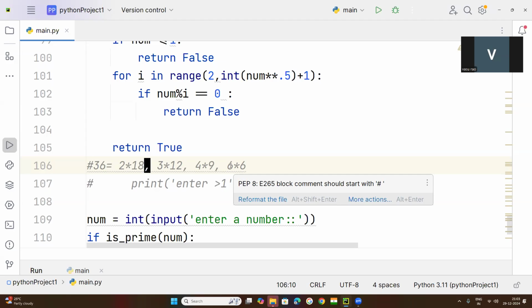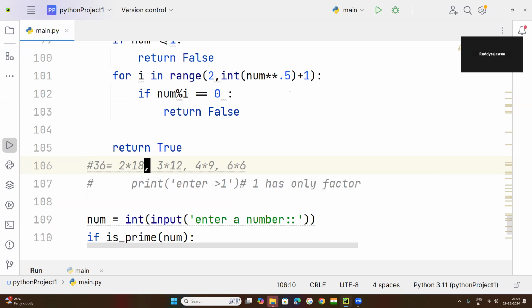We need to see the condition. What is the condition? If the number is divisible by any number between 2 and root of number, then it is not prime.